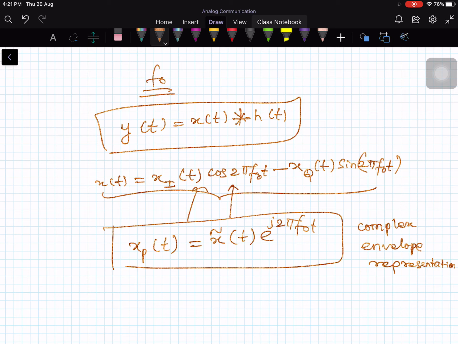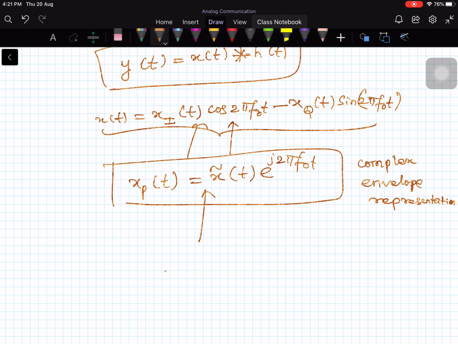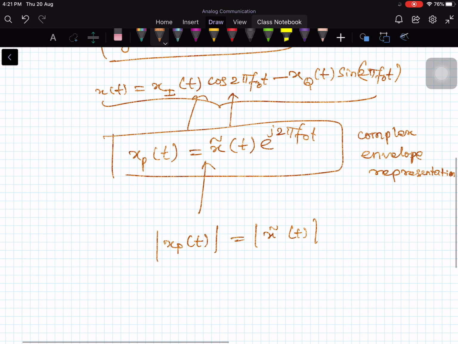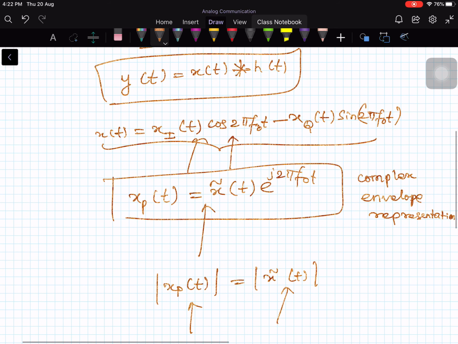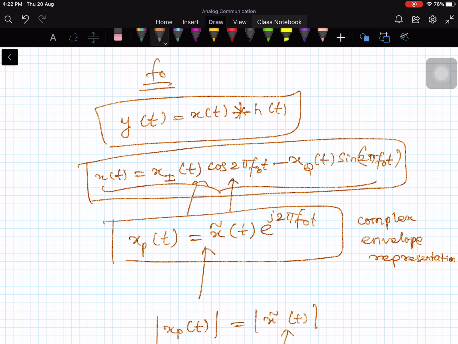So if I talk about a complex envelope representation, it is this one, where x tilde of t is called the complex envelope. Also, if you take the modulus of x p of t, it is equal to the modulus of x tilde of t. You say this is real and this is also real. So the real envelope of x p of t and x tilde of t, both of them are the same. And this one is called the quadrature standard form, standard notation or quadrature representation.